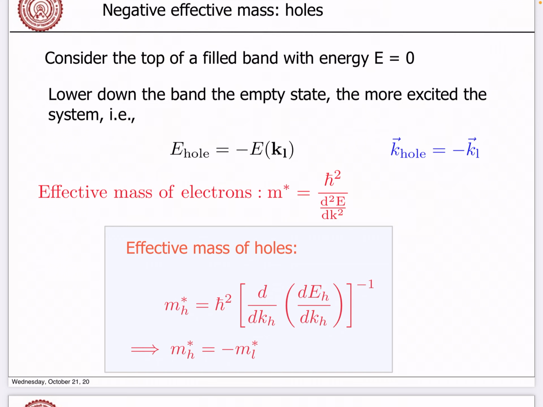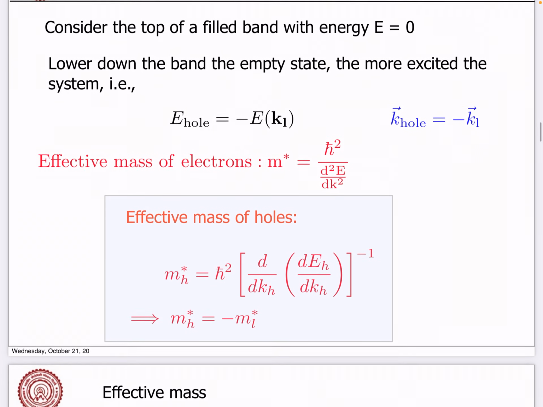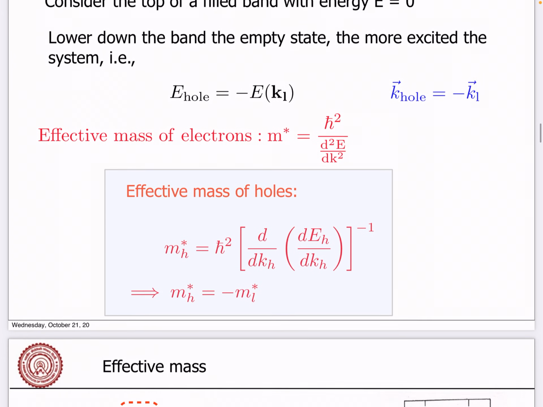Now Eh, the energy of the hole, is actually minus E of kl, right? And k hole is minus kl. So if you put this here, you will see that mh star is equal to minus ml star. What is ml star? ml star is the effective mass of the lth electron, right?